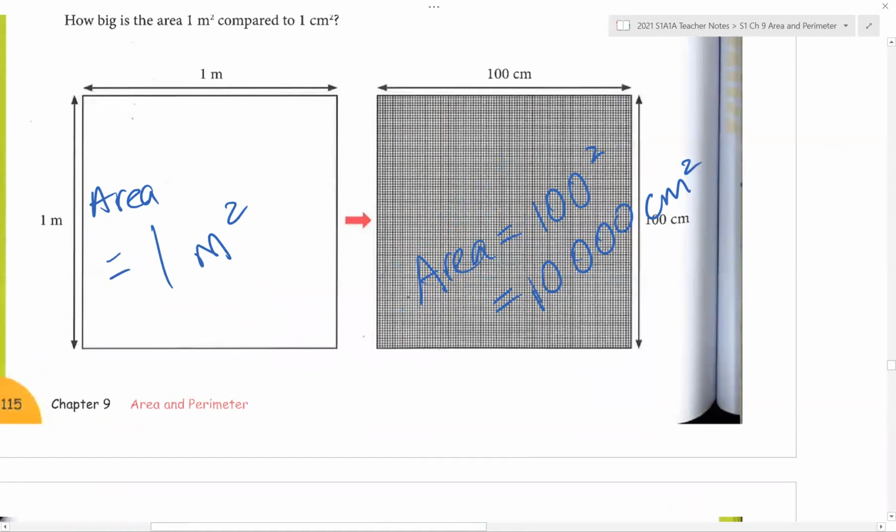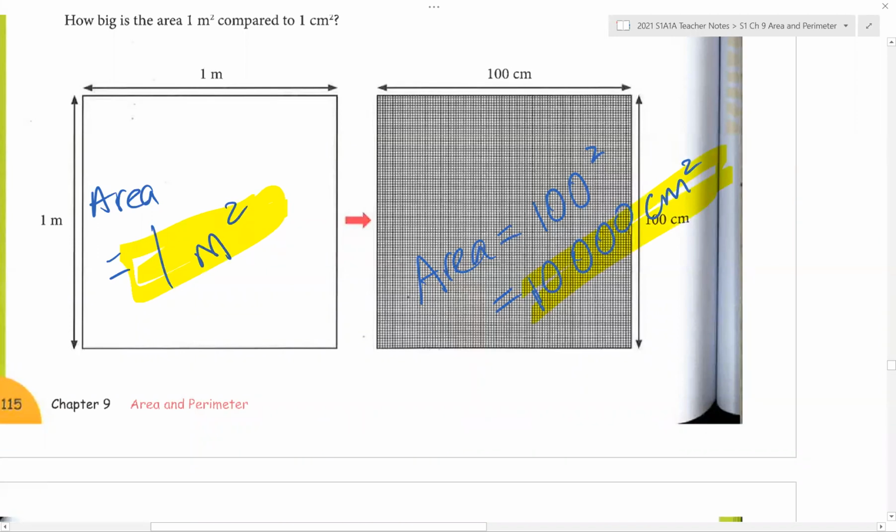Do they have the same area? It's the same square, right? Same square, same area, isn't it? So it's 1 square meter equal to 10,000 square cm. That is the conclusion. The conclusion is that 1 square meter is the same as 10,000 square cm.